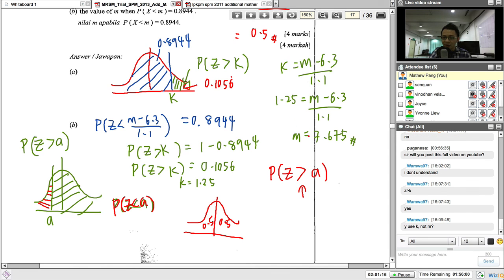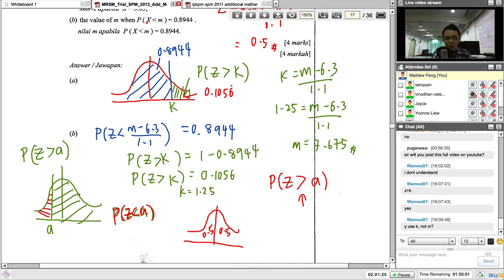Yes. Why use K not M? Alright, because over here, you see this one? X is less than M. When X is less than M, if I change this one to the Z value, this is M minus the mean, what's my mean just now? 6.3, over 1.1.